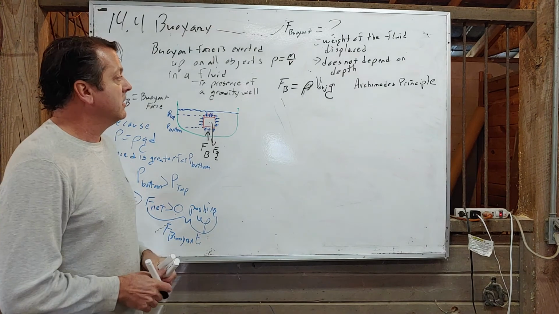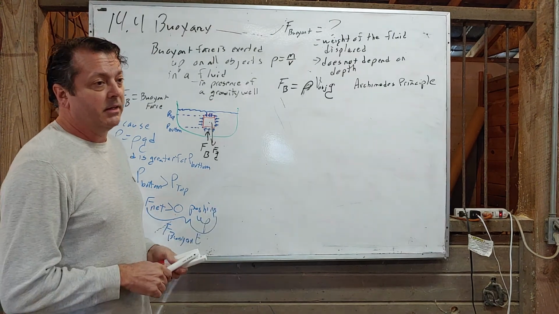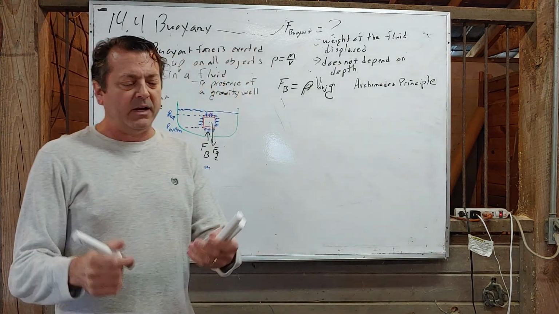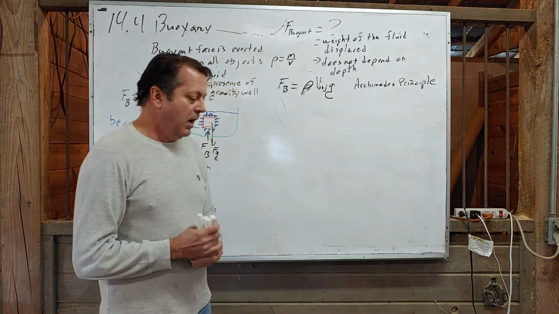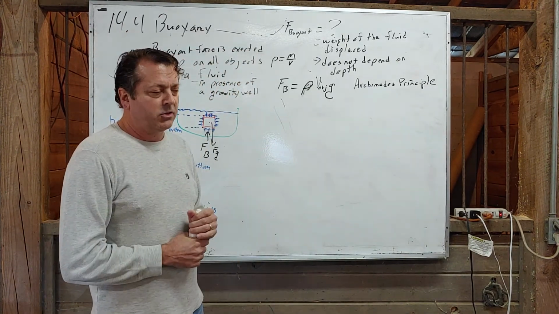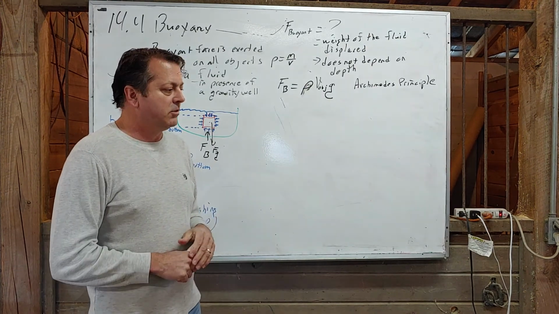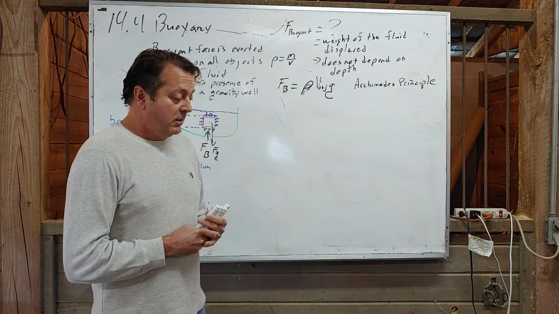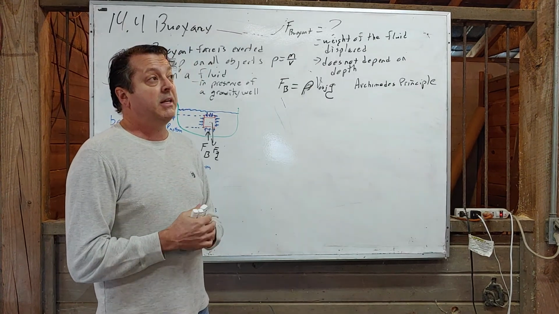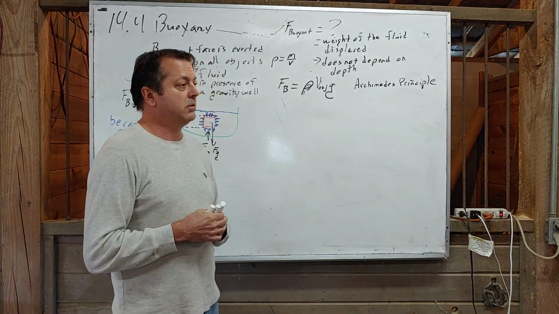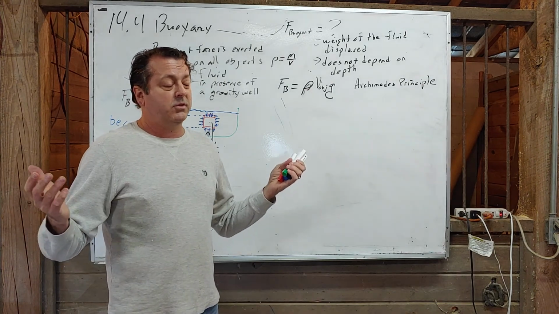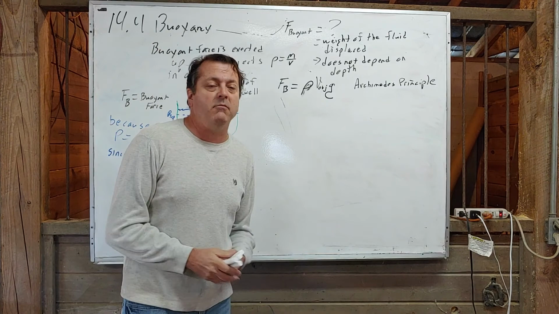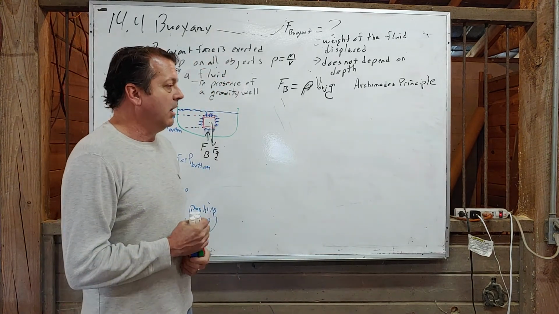So, interesting. Now, who came up with that idea? Archimedes. You may or may not know the story of Archimedes' principle. It's a story that's been passed down for generations. Archimedes was probably one of the smartest guys in the Greek-Roman time frame, scientifically.